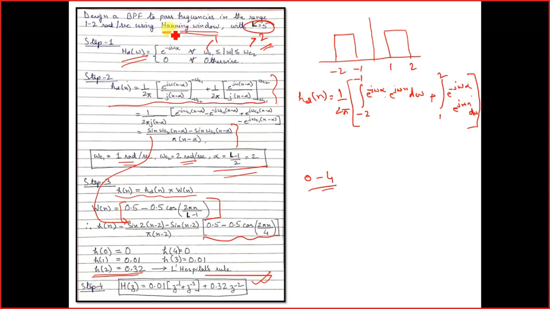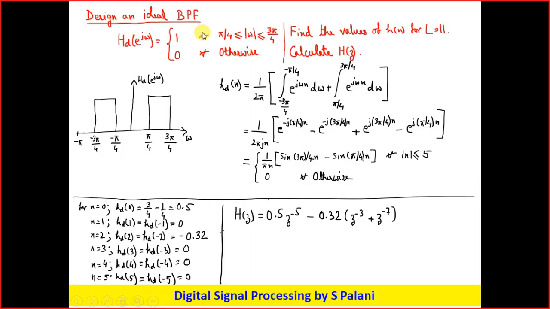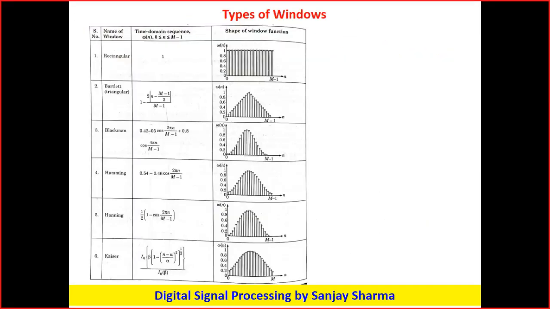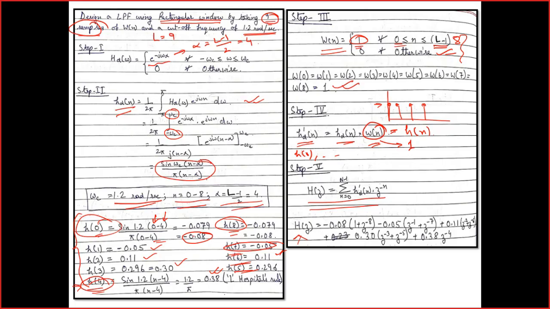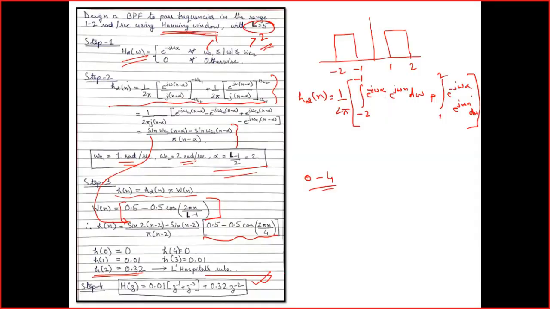We are given the Hanning window. I have already given you the equation for the Hanning window. Okay, sir, directly we will take it. Yes, so these are given. The Hanning window is a standard window.